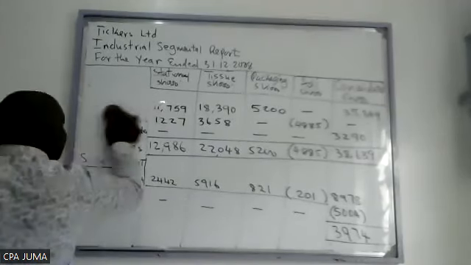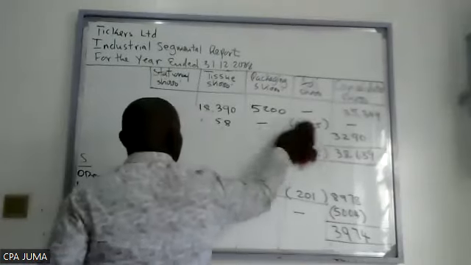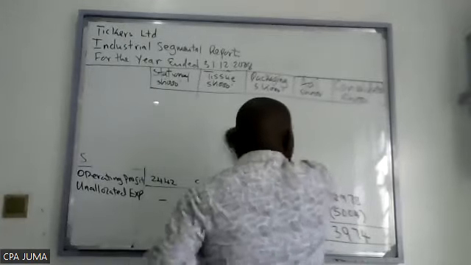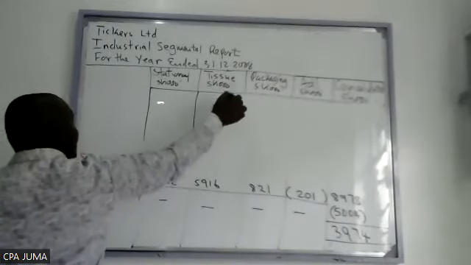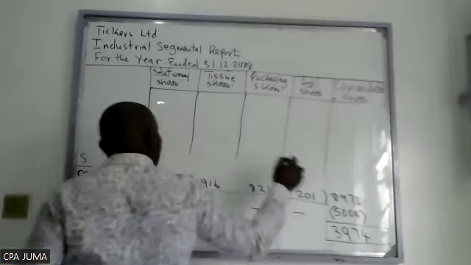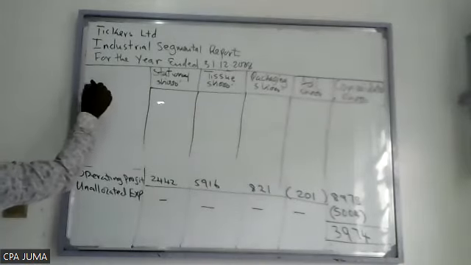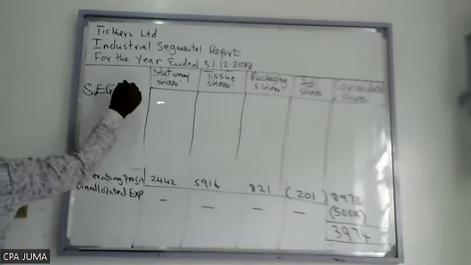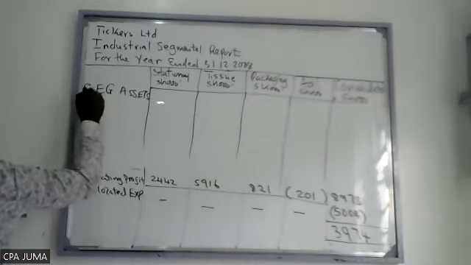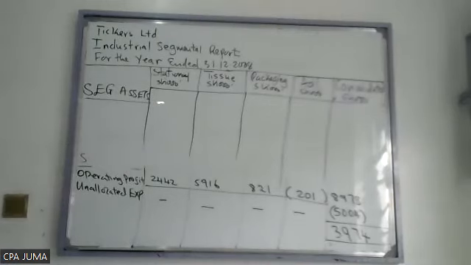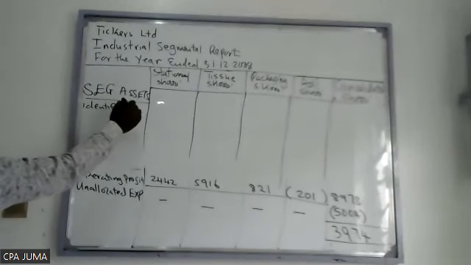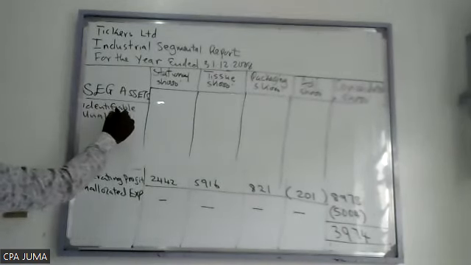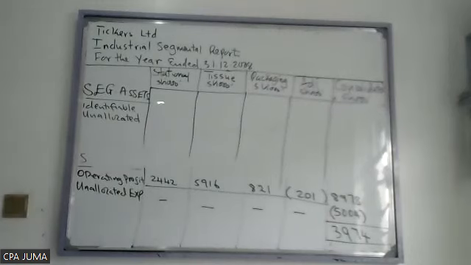So segment assets: identifiable and unallocated.